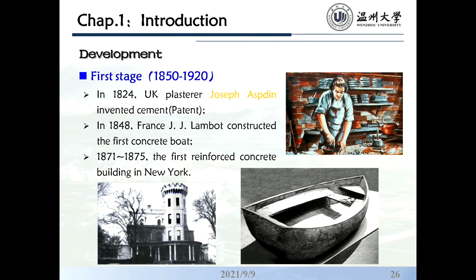He used different proportions of limestone and clay, and he found that after he added some water, these things become hard because of the hydration process, right? So he applied for a patent. Then he became rich, married a really beautiful girl and lived a really happy life.